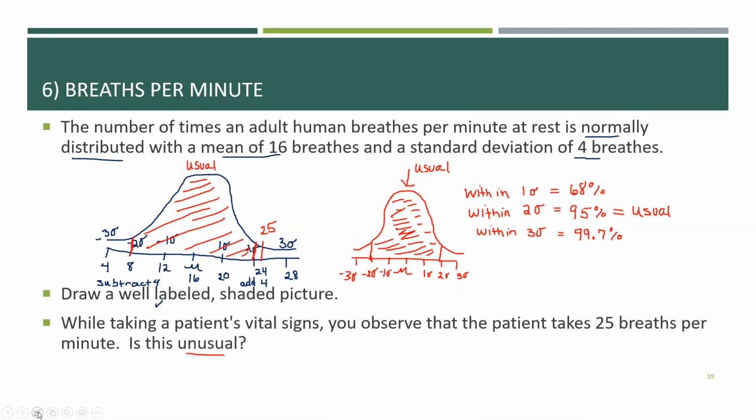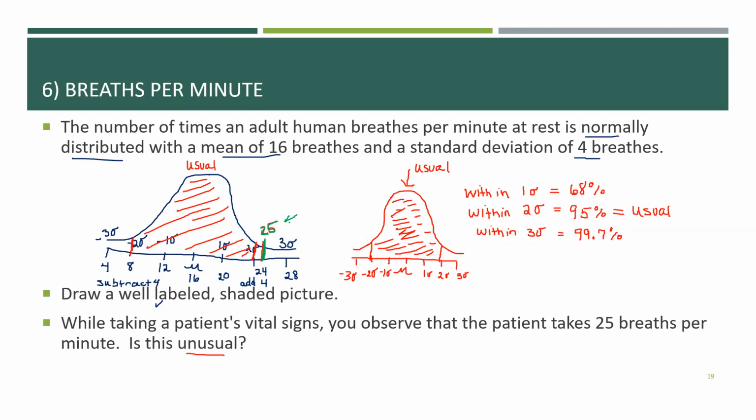So I'm going to try to switch pen colors again and look at my specific patient. Are they usual or not? So we have marked our specific patient right here. Going over the red with green, they had 25 breaths, and they are above the usual range.